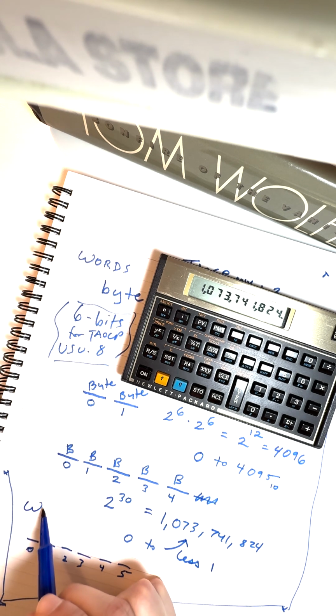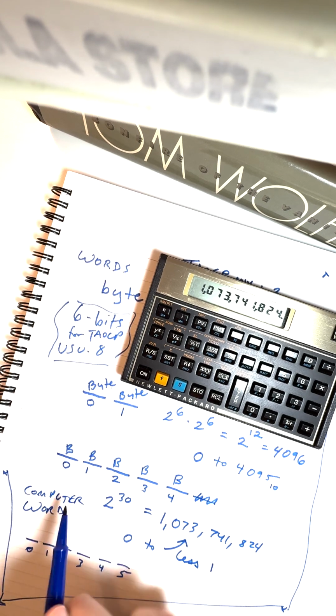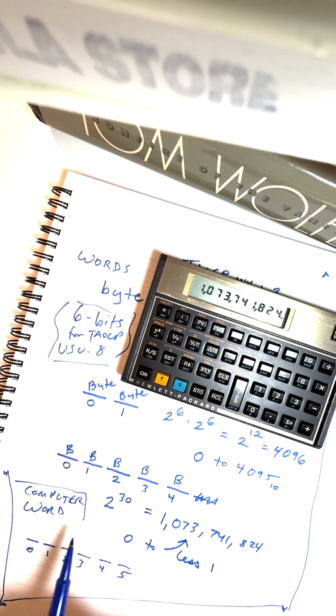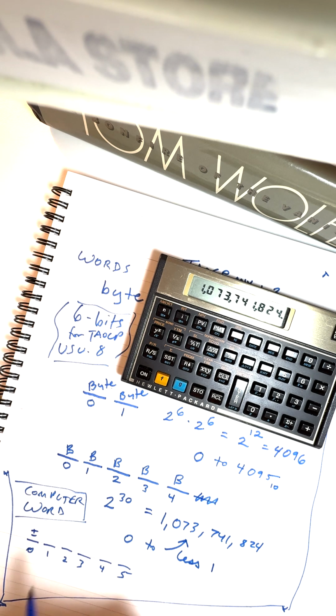And this is a computer word. Here, it's going to be a sign, so it could be plus or minus. And each of these is a byte: byte, byte, byte, byte, byte.